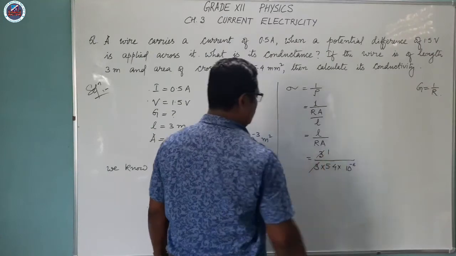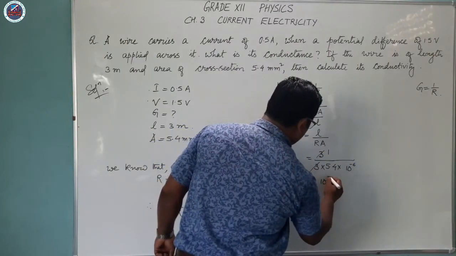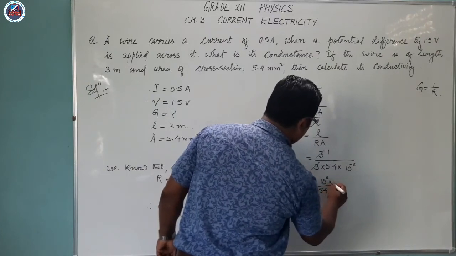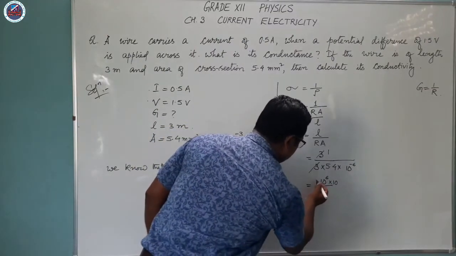3 can cancel 1 time. This 10 power minus 6 will become plus power, divided by 54. If you write again into 10 will come. Divide it. Here nothing means 1.